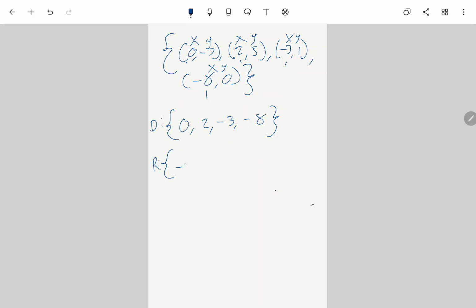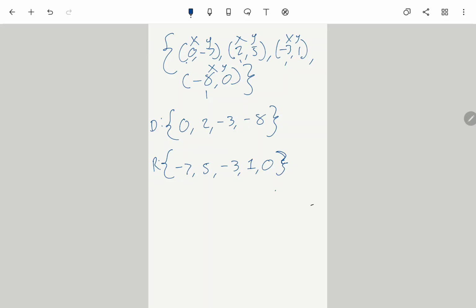So it's -7, 5, 1, 0. Okay, that one is your domain and your range, and your coordinates.